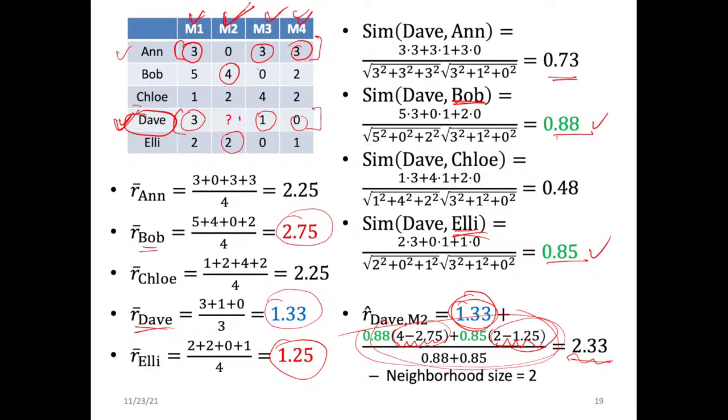In KNN, we use features to decide which X's are similar to the target X. So we found that Bob and Ellie are close to Dave. We use Bob and Ellie's ratings on M2 as the hint to predict Dave's rating on M2. So that's almost like KNN. We find the k-nearest neighbors and we use their Y's to make the prediction.